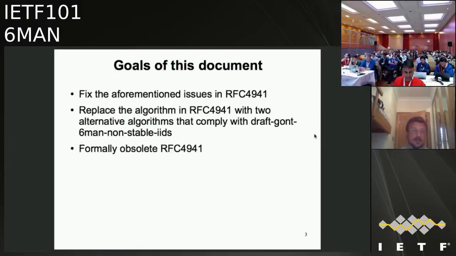Among them is that, for example, the algorithm mandated to set the universal local bit according to the specs at the time, and that changed, etc. So what we did in this respect is we took the two algorithms that were in the previous document and replaced the existing algorithm in 4941 with these two. And obviously, being a BIS document, it would formally obsolete RFC 4941.